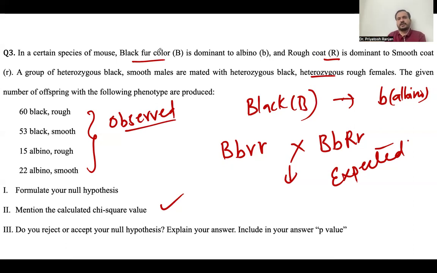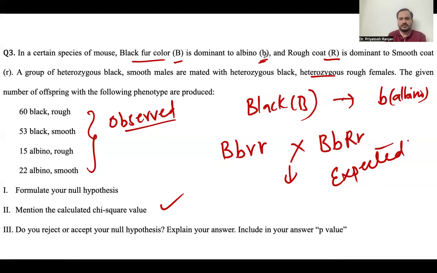Same for the fur color in a certain species of mice: it is dependent upon the dominant black fur, which is represented by the capital B, or the albino one, which I can represent with the small b. So you can even say that the fur color in mice has two phenotypes, which is black and albino.